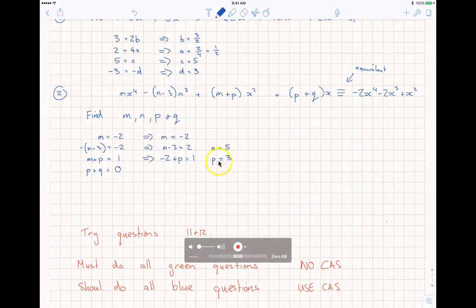We found what p is here, so if we substitute p in here, we should be able to work out what q is. So in other words, we've got 3 plus q equals 0, subtracting 3 from both sides, and we find that q equals minus 3.